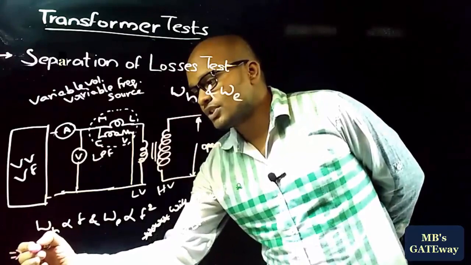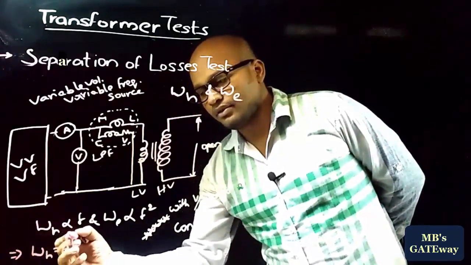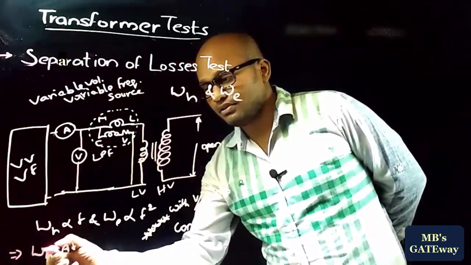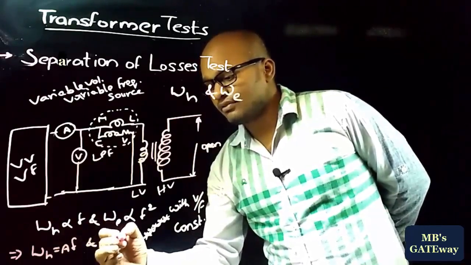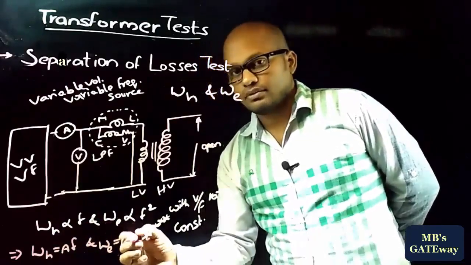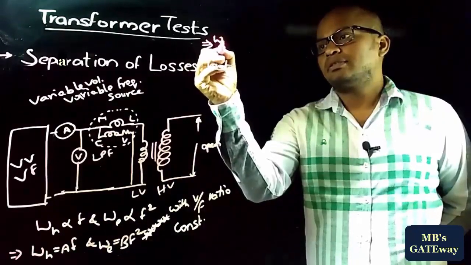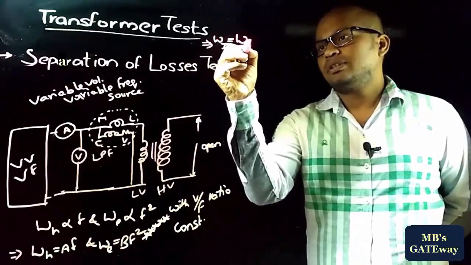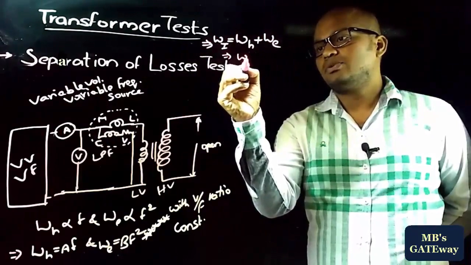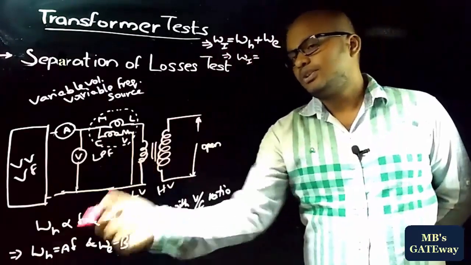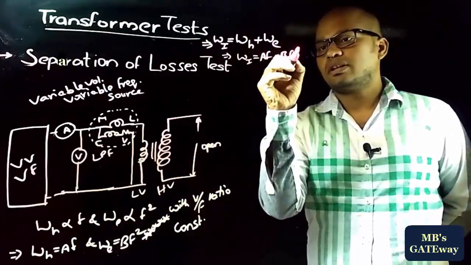Therefore, now hysteresis losses you can write as WH is equal to A into F, where A is proportionality constant of hysteresis loss, and eddy current losses is taken as equal to B into F square, where B is proportionality constant of eddy current losses. That implies total iron loss is equal to hysteresis losses plus eddy current losses, which implies Wi is equal to A into F plus B into F square.